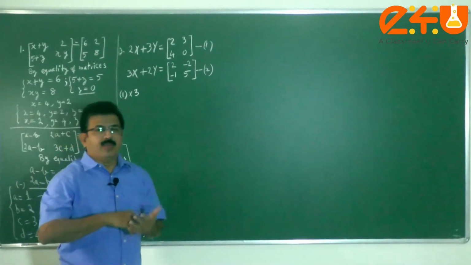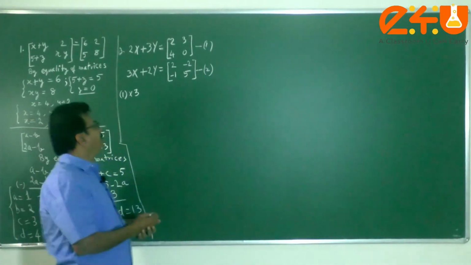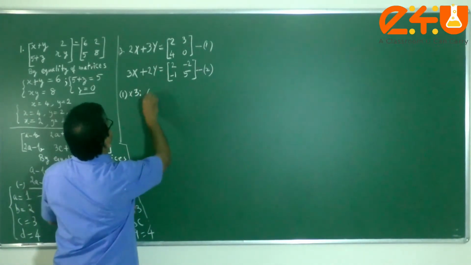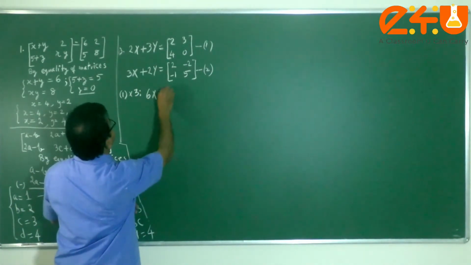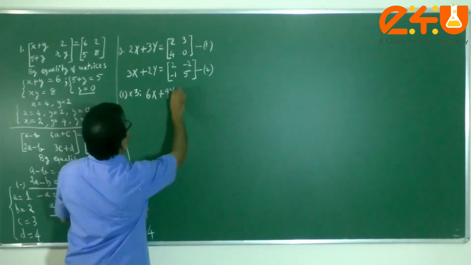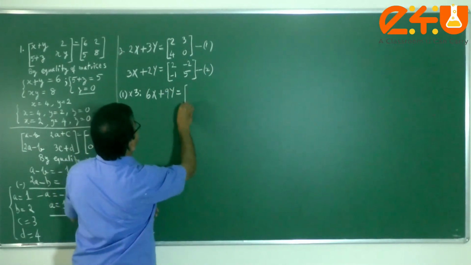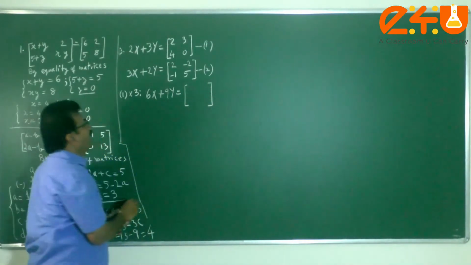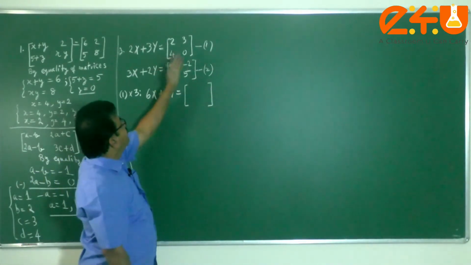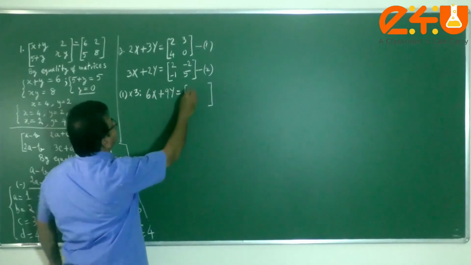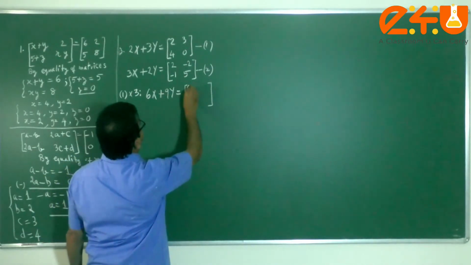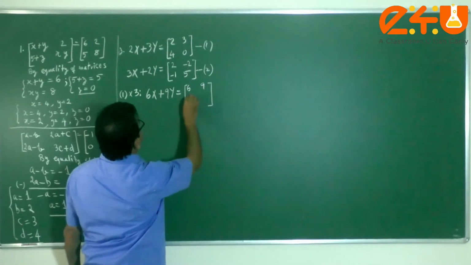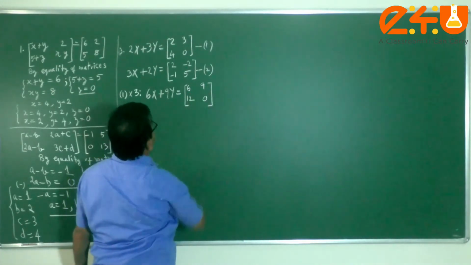And here the scalar multiple is 3. Let us apply it. So that gives 6 times X and 9 times Y. I am taking 3 times of every element, so it is 6 and 9 in the first row, 12 and 0 in the second row.